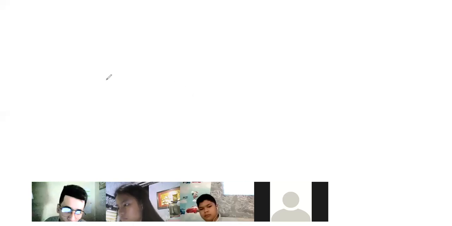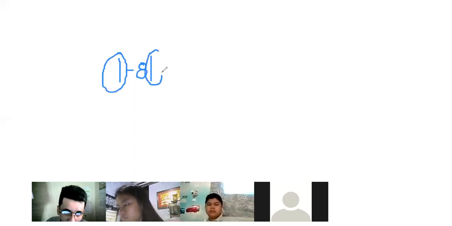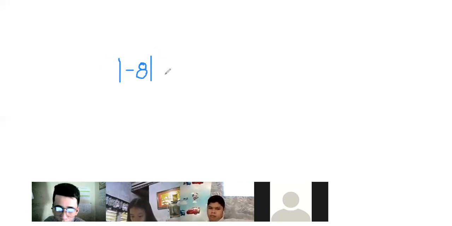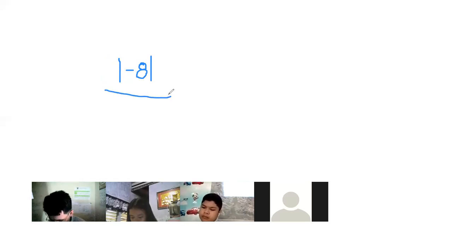When we say absolute value, makakakita tayo ng ganyang sign. Kunyari, -8. Itong dalawang line na ito, parallel to each other, these two parallel lines, that's what we call absolute value. Okay? It means, if you read this number, absolute value of -8. Okay? That is the absolute value.